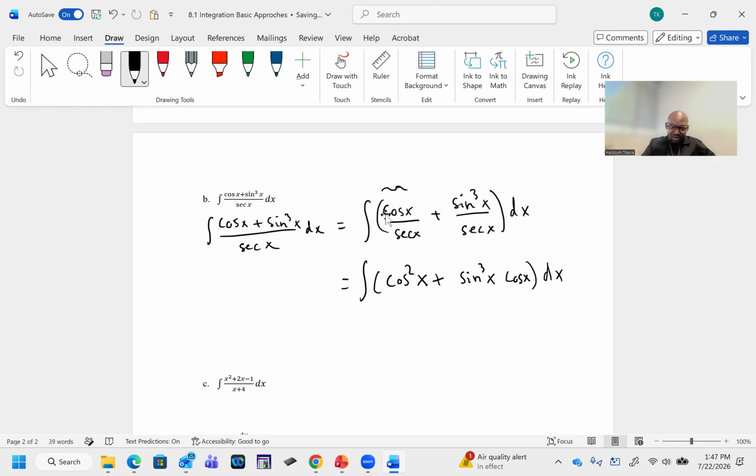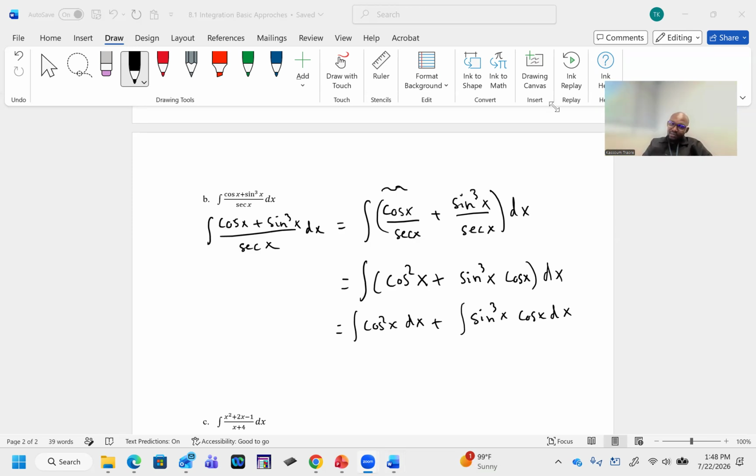It's just like I would be solving two integrals. I can say this is the same thing as the integral of cosine square x dx plus the integral of sine cube of x times cosine of x dx. That makes sense.